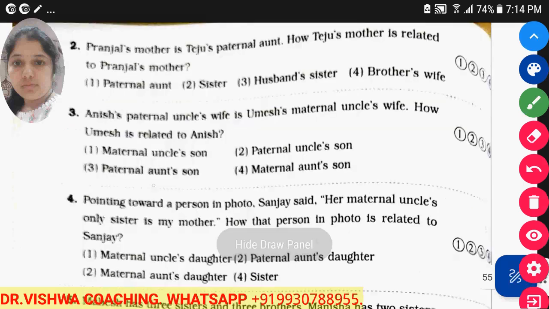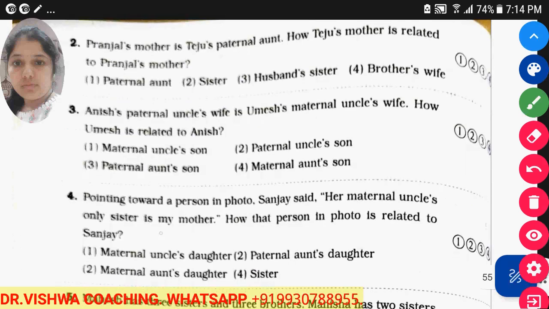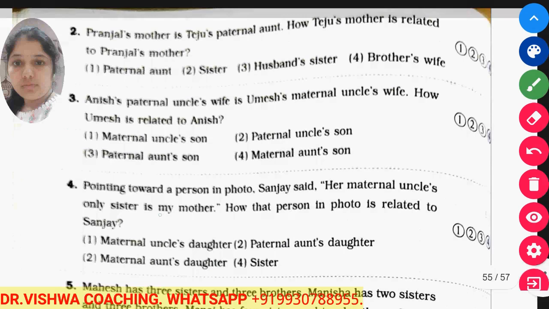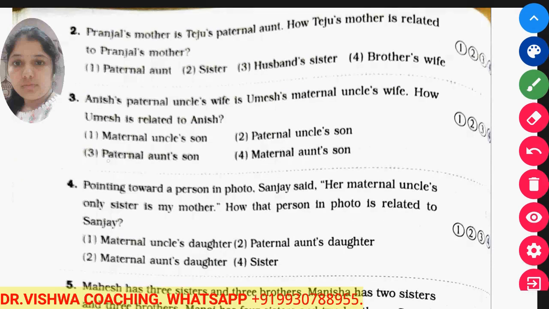Okay. Now Anish's paternal uncle's wife is Umesh's maternal uncle's wife. Now how is Umesh related to Anish? Now see, Anish's paternal uncle's wife. Now Anish's father and paternal uncle are brothers. Okay.